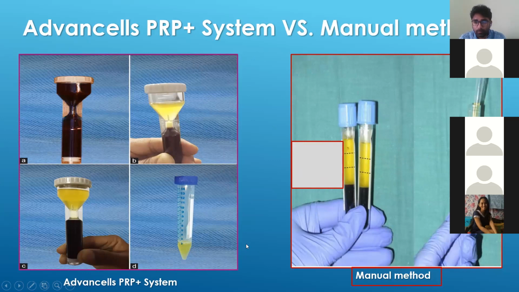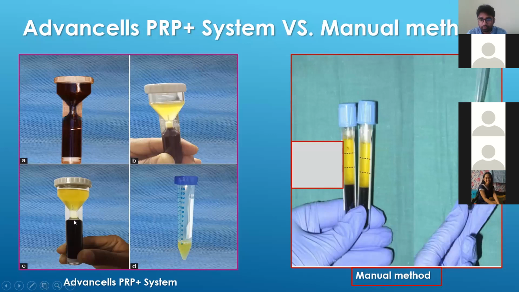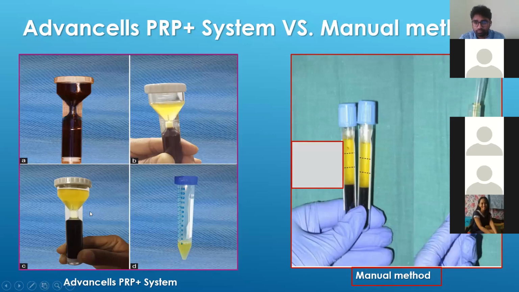But while using our system, you can see first the blood here, 20 ml, and centrifuge. We can see this spot is pure buffy coat. And there is a handle in the kit to screw up and down. So screw up and you can get this here in this neck. And here it is totally demarcated, the poor fraction and the rich fraction of platelets. So you can take it out with the big needle provided in the kit and go for therapy straight away.